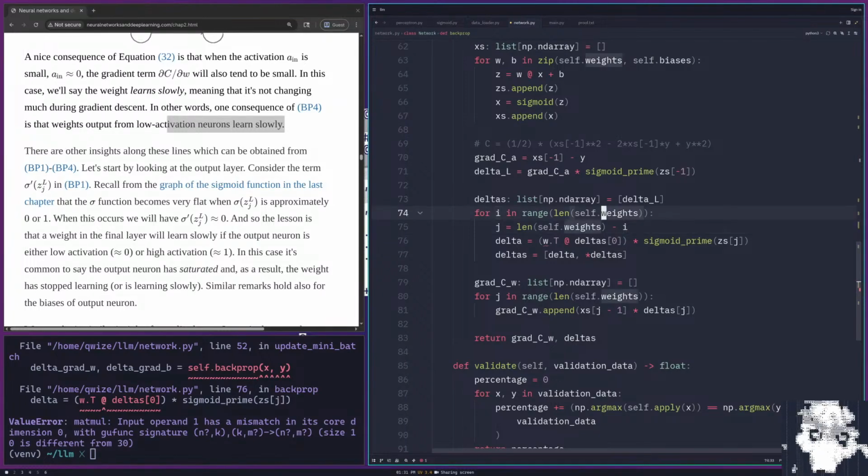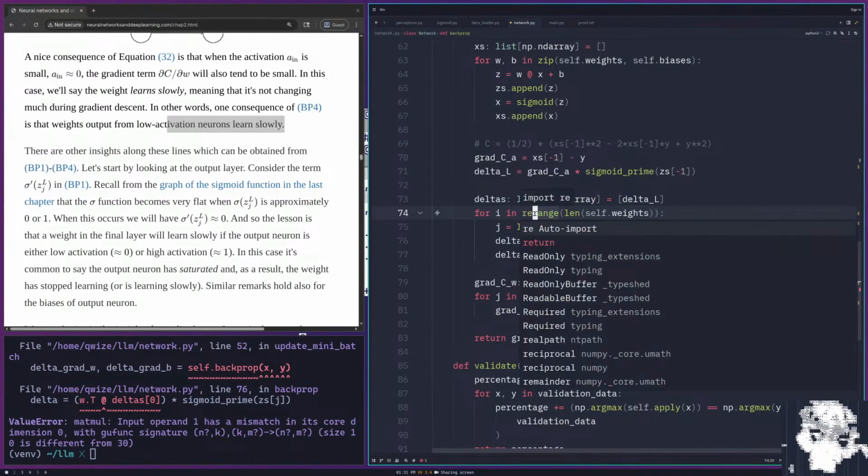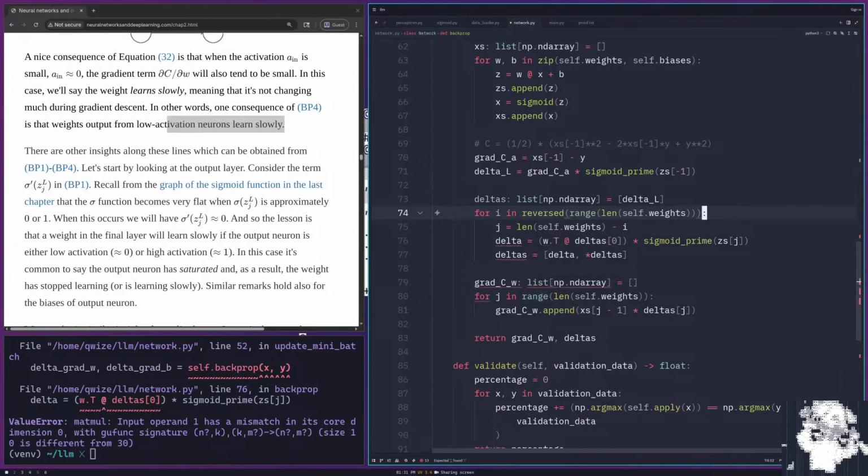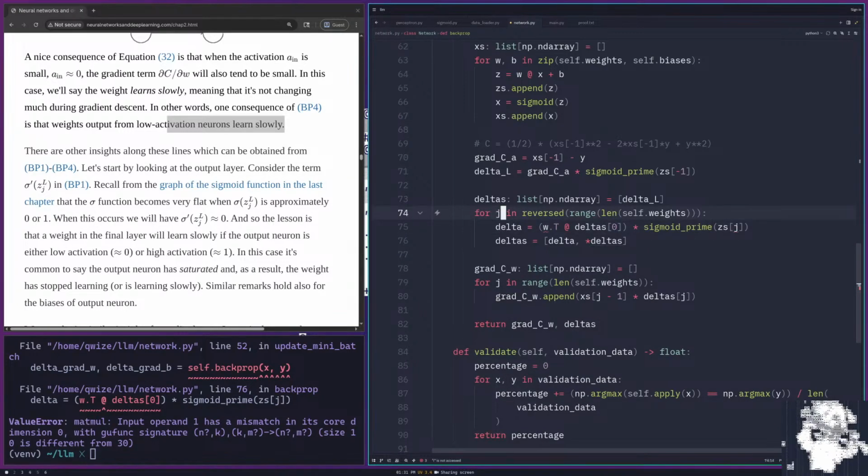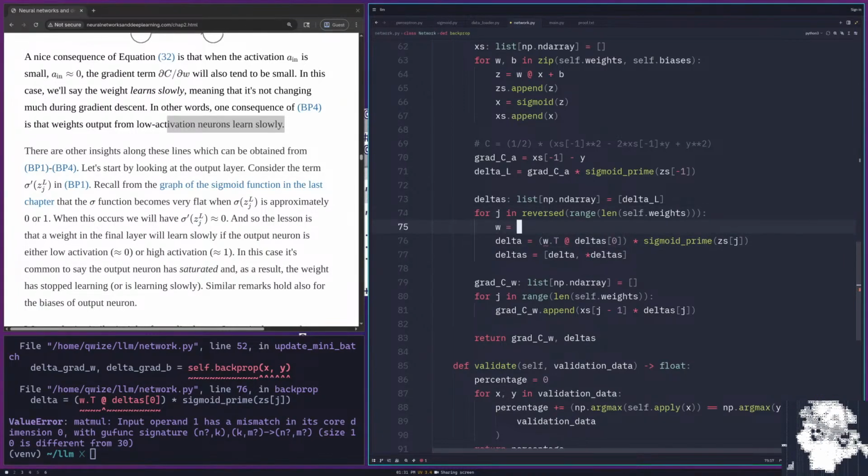I'm trying to iterate backwards, so I should be able to do reverse of this. I don't need this anymore. I can do j. What is W? W is equal to self.weights of j.